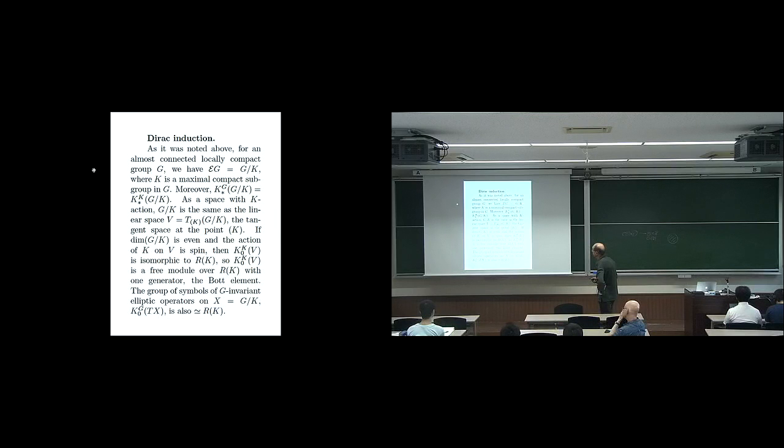You have a maximal compact subgroup K, and you have this group, which is the geometric left-hand side of the Baum-Connes conjecture, and you have the group which is the right-hand side, the C-star algebra of the group G.